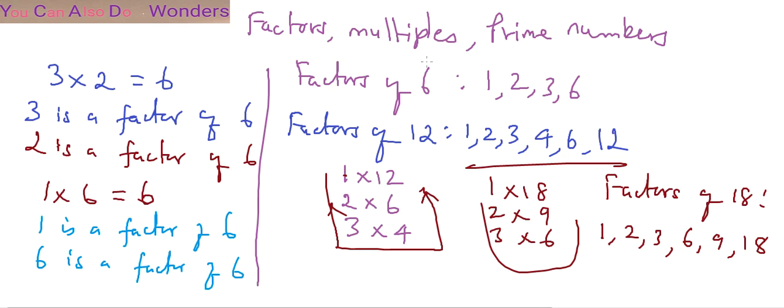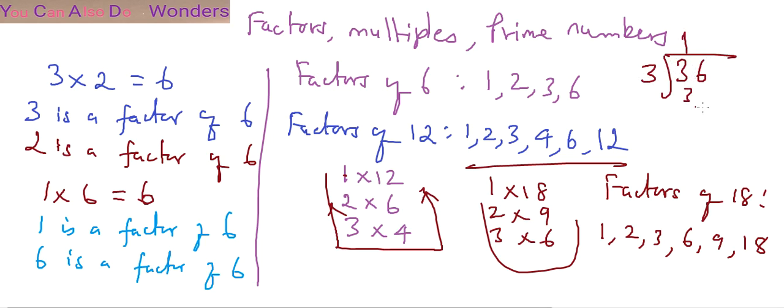If you know one of the factors, then if you divide that number by that factor, you will get another factor. For example, say 36. We divide 36 by 3.